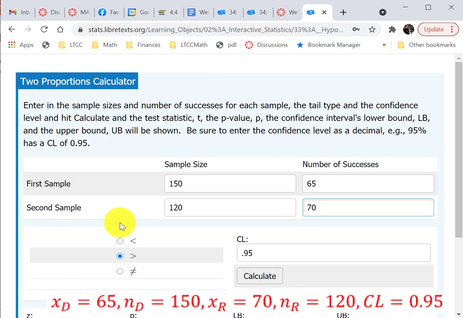The alternative hypothesis was that P1 is less than P2, or PD is less than PR for Democrats and Republicans. Our confidence level is still 0.95, and I just hit calculate.